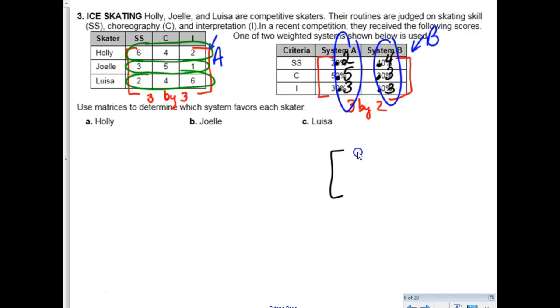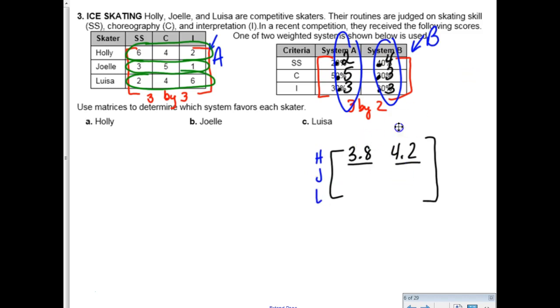So when you get a result of 3.8 in this first position and 4.2 in the second position, what that's telling you is the first row is Holly, the second row is Joelle, and the third row is Louisa.